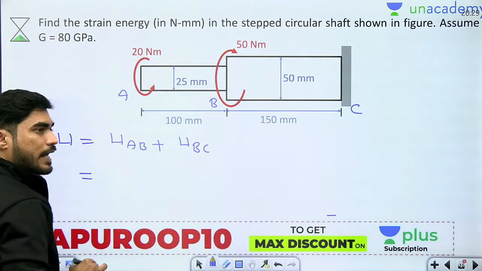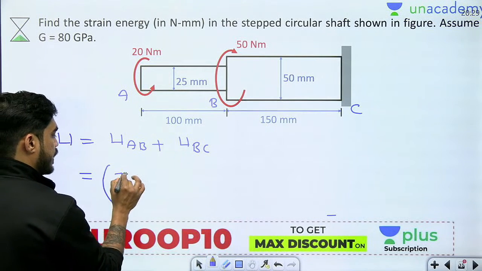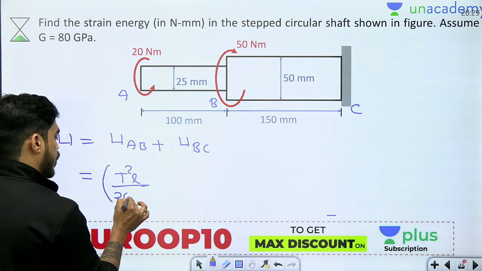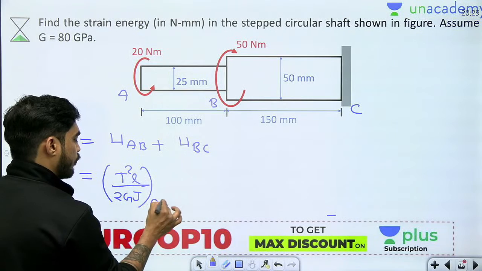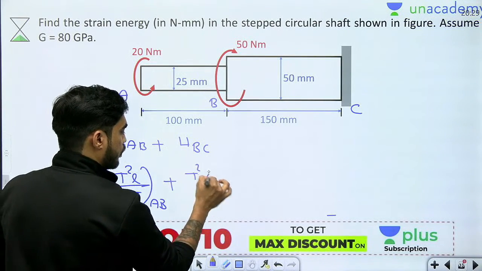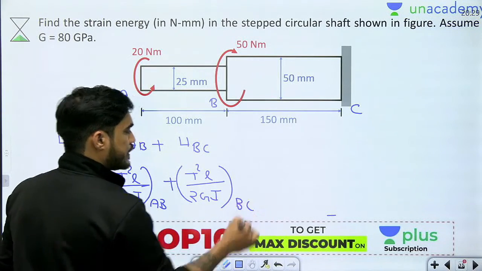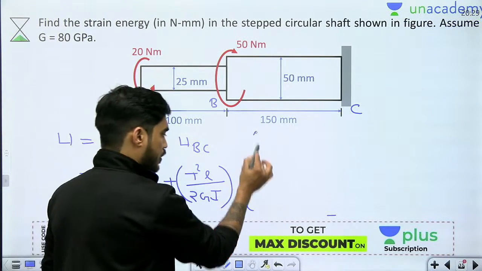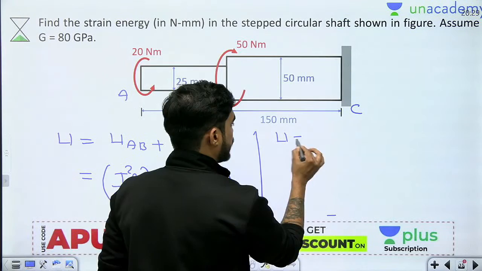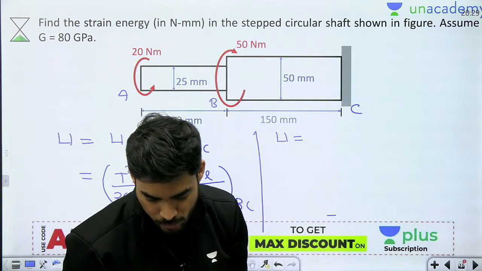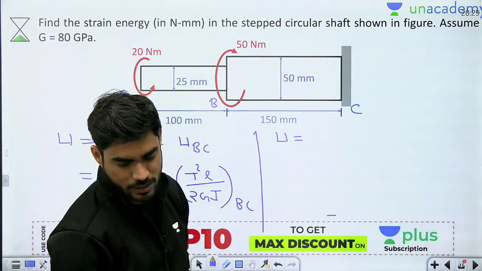Now how do we calculate U? Can I write it as T square L by 2GJ of AB plus T square L by 2GJ of BC? Yes, I can write that. Put the values in the formula. That's all you need to do.